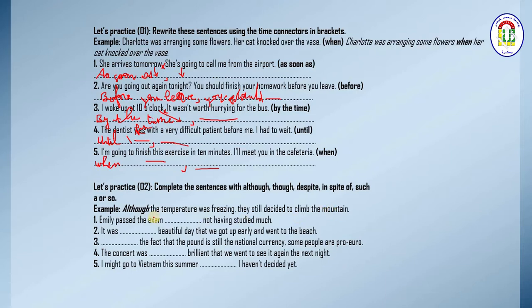Okay. Here, "Emily passed the exam not having studied much." Here, there isn't a clause. There is a gerund phrase. Here, normally, it is expected to see something like this, "in spite of."